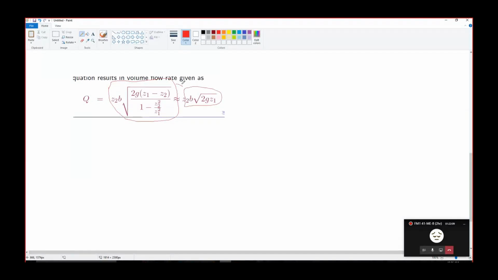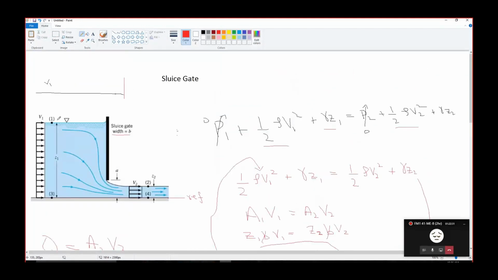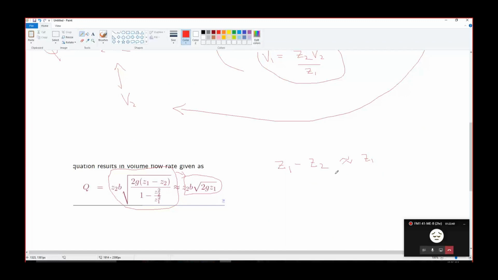What are the simplifications we are applying, basically? One large simplification: we can see that Z1 minus Z2 is approximately equal to Z1. Do you agree? Yes, sir. The length of the canal as compared to the opening height would be very large, so that would approximately be equal to Z1.